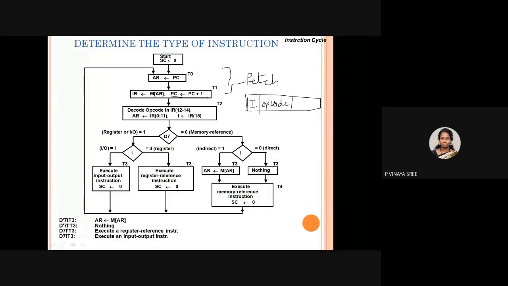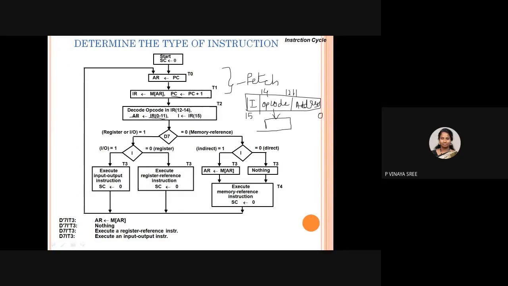Next one is the address, and the entire size is 0 to 15. So bits 0 to 11 indicate an address, and you are placing these in the address register. Bits 12, 13, 14 are the opcode, which you need to decode.